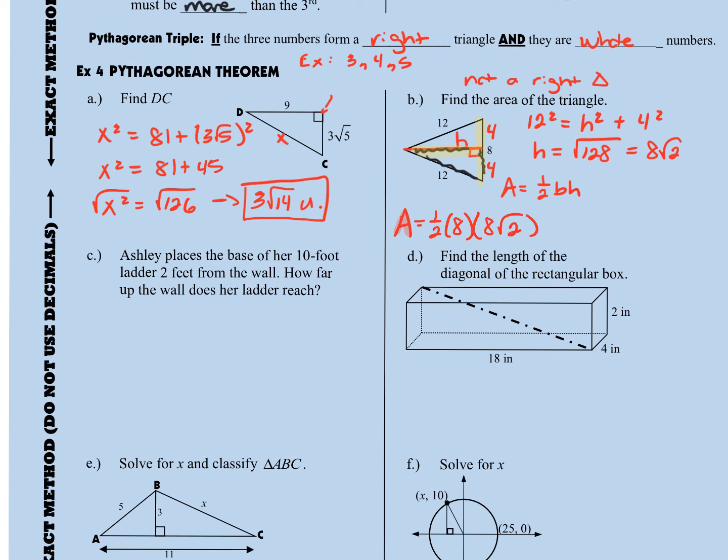Remember, when we multiply these, all the numbers outside the radical get multiplied together. So 1/2 times 8 is 4. 4 times another 8 then is 32. So the area of our triangle is 32 radical 2 units squared.